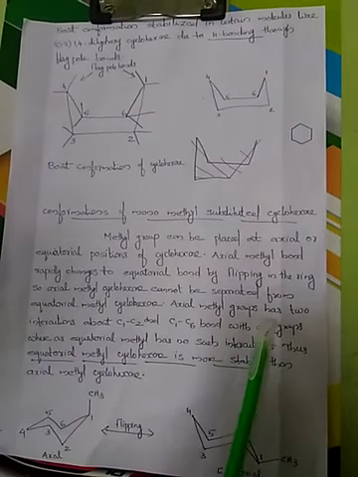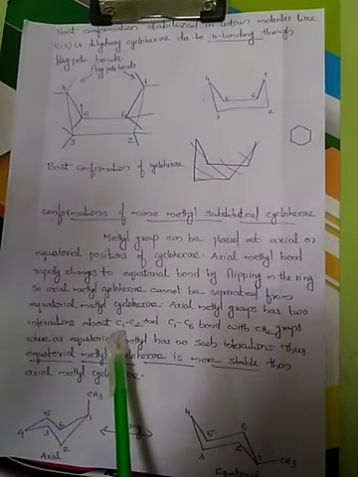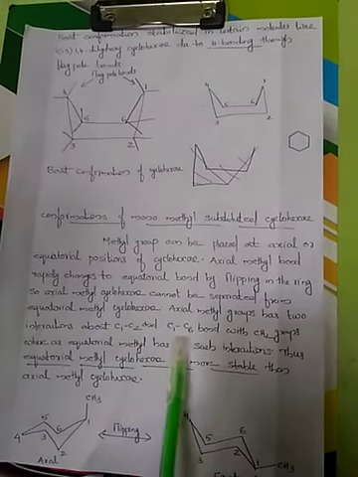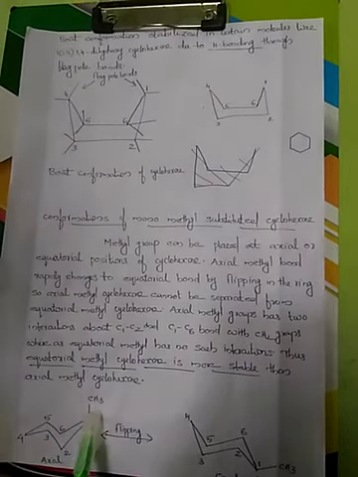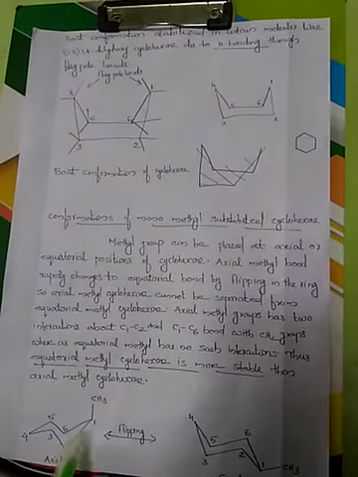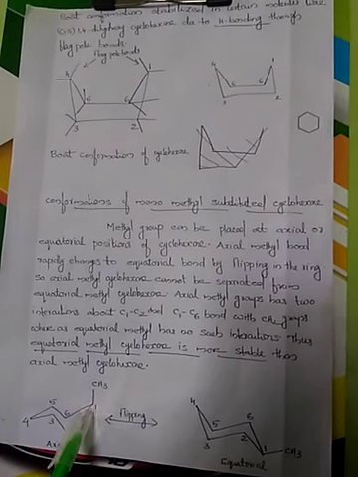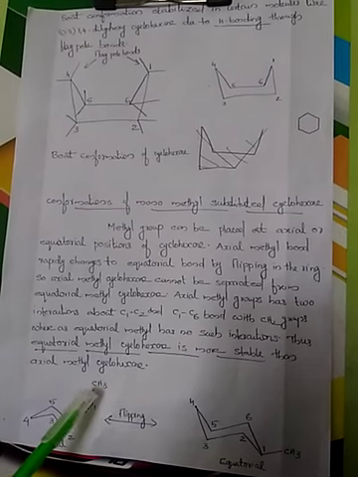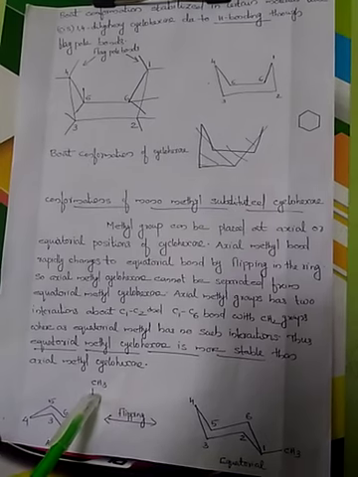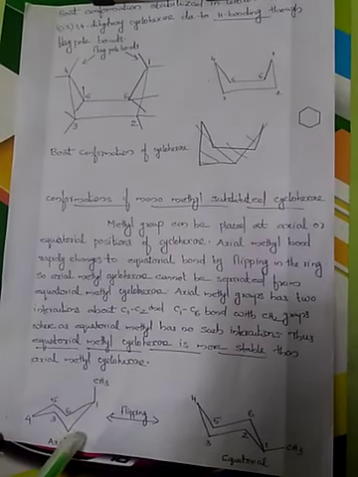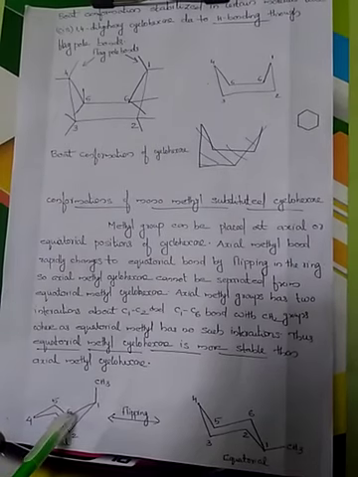Axial methyl group has two interactions about the C1, C2 and C1, C6 bonds with the CH2 groups. That is, you see this diagram, this methyl group is placed in the axial position. So when this CH3 takes the axial position, it can interact with this second carbon atom, that is CH2 position, and also with the C6.